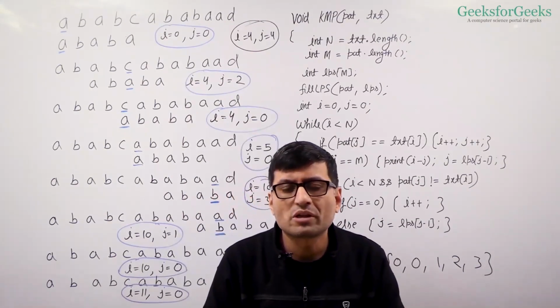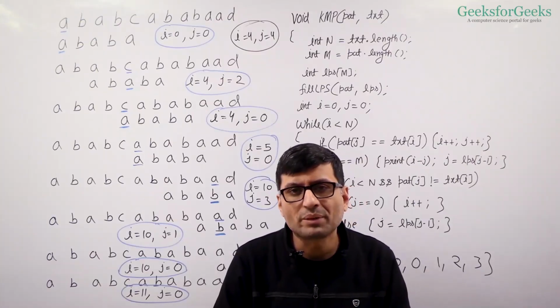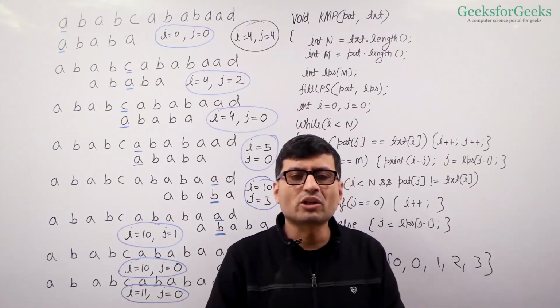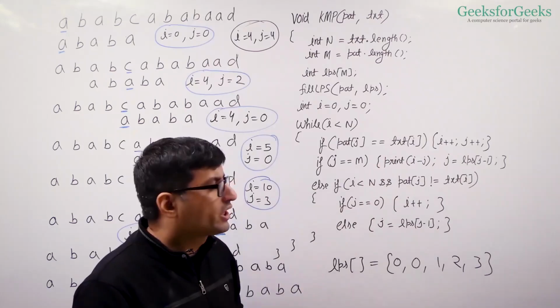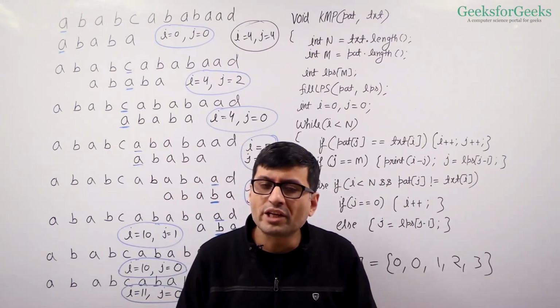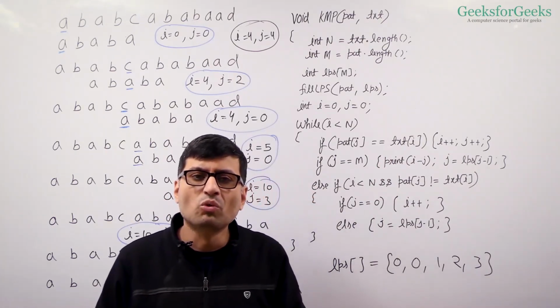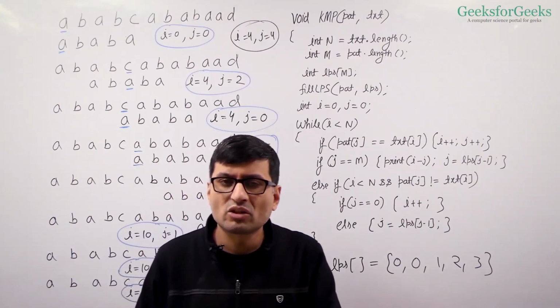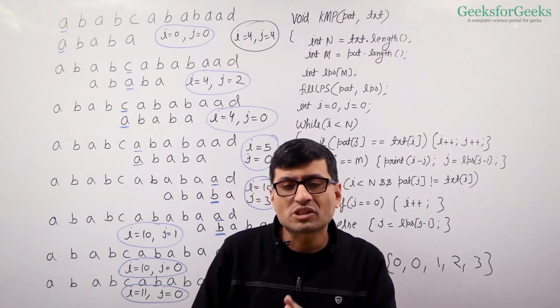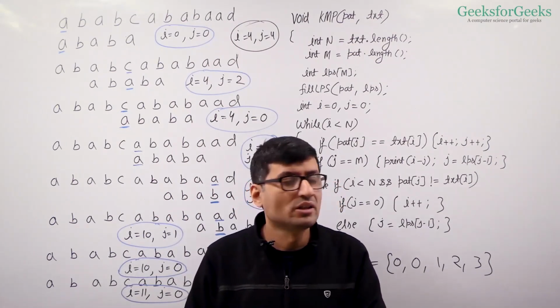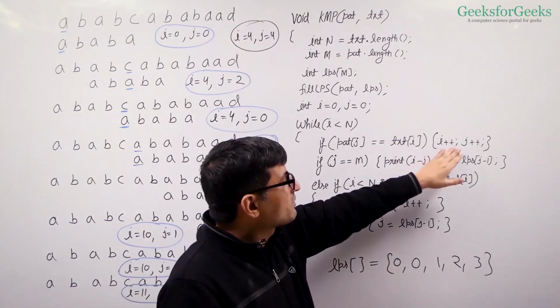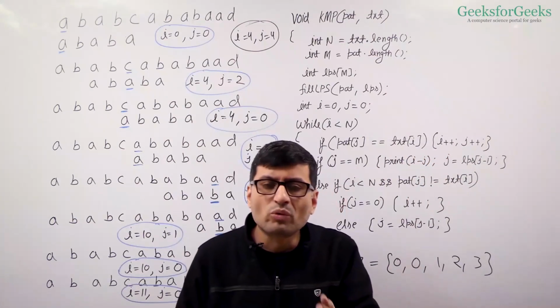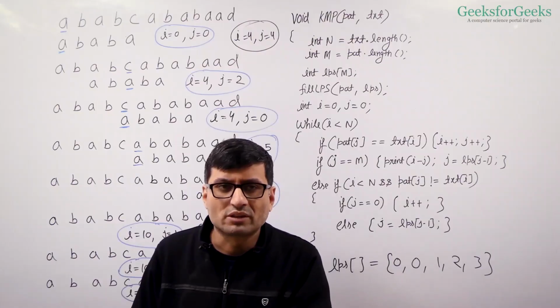Let us now talk about the time complexity analysis of the KMP algorithm. If we take a closer look at this loop, we can notice that in every iteration, we are moving ahead in the text or we are sliding the pattern ahead. When you do I++, J++, you are simply moving ahead in the text one by one.